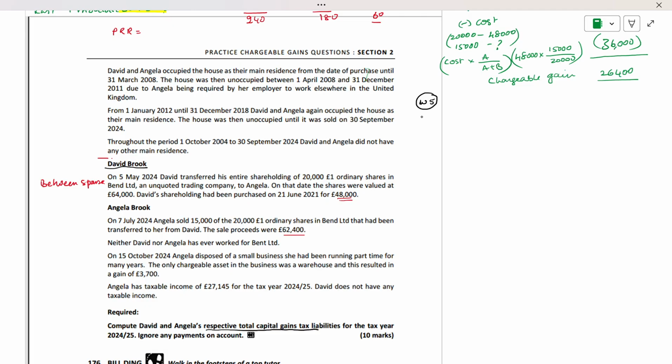Read, understand. So is it the chargeable business asset divided by chargeable asset? Yes, business asset, the market value of that.